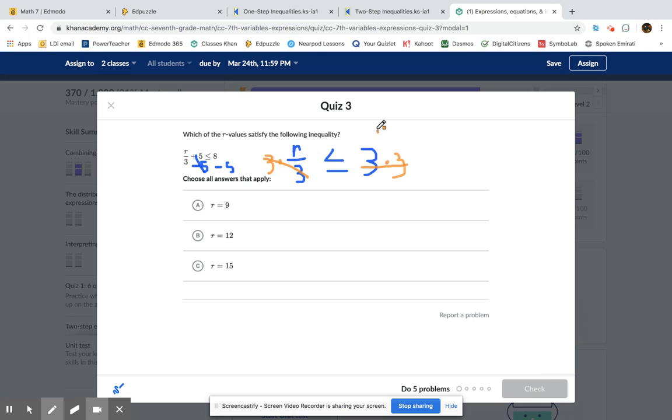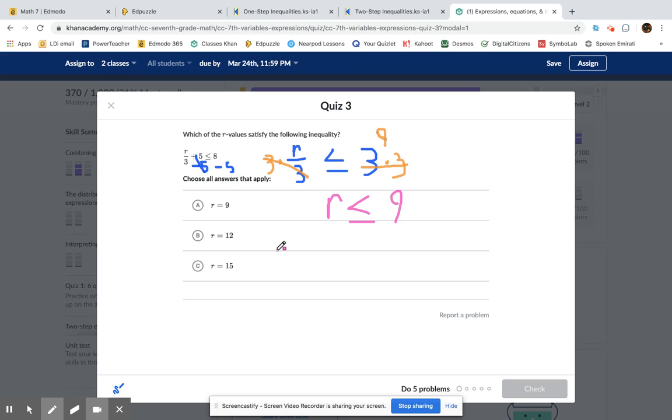It's 9. There we go. So we have r is less than or equal to 9. I'm going to go ahead and rewrite this to the side for posterity's sake. So r is less than or equal to 9. Now we did not flip the inequality because we multiplied by a positive, not a negative.